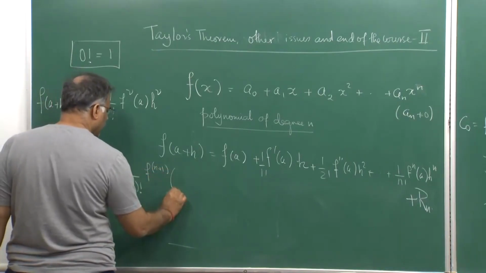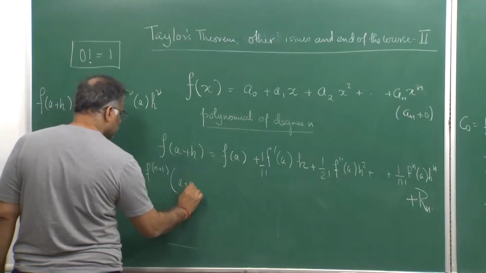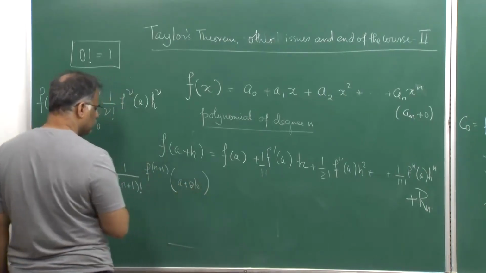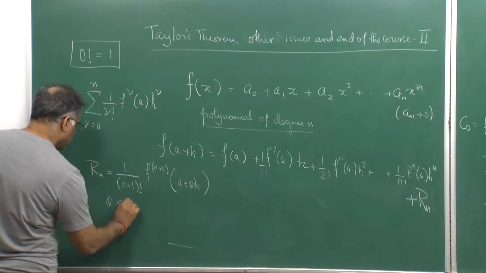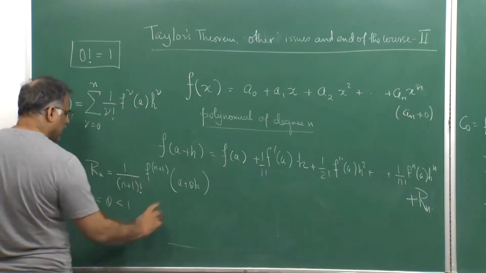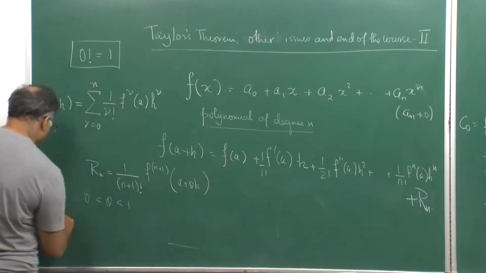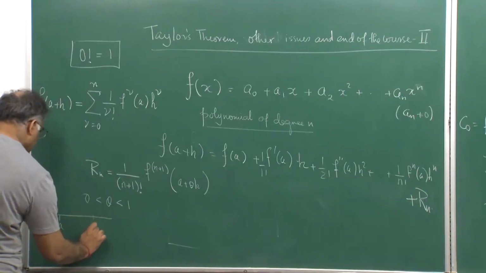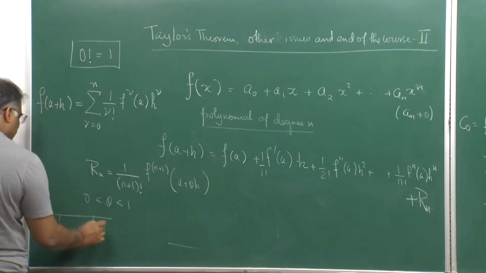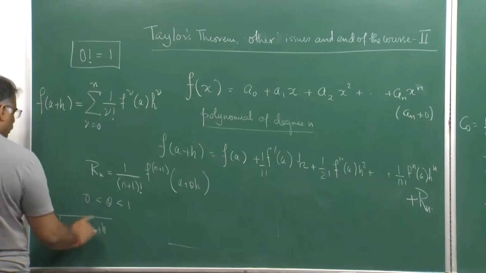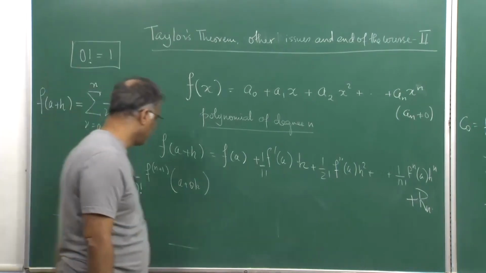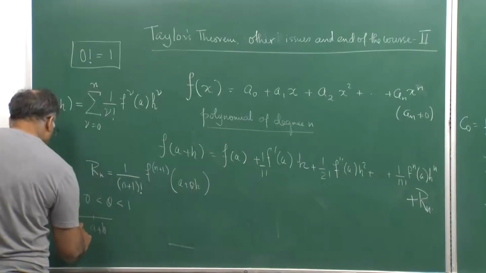So, let us just look at the intuition of it. Theta is lying between 1 and 0. So, basically a plus theta h is a point between a and a plus h. Assuming a is positive or negative, it does not matter, it is some point between a and a plus h. So, a plus theta h is somewhere here.